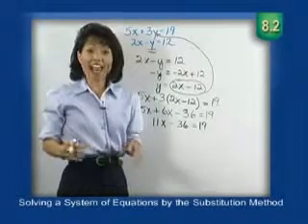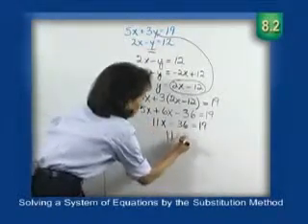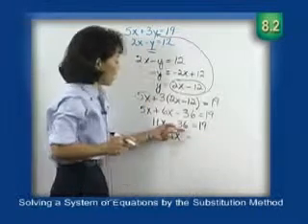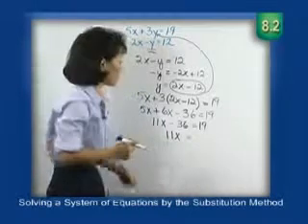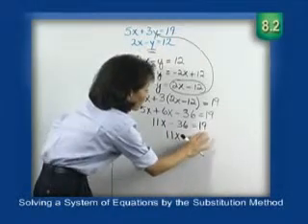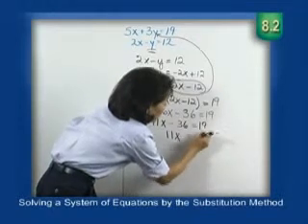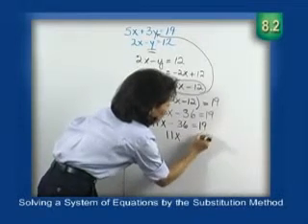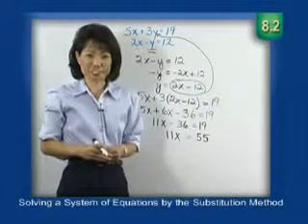Now I'm going to add 36 to both sides of my equation. 11x is equal to, when I add 36 to the left-hand side, negative 36 plus positive 36 is 0. And when I add 36 on this side, I'm going to get 55.